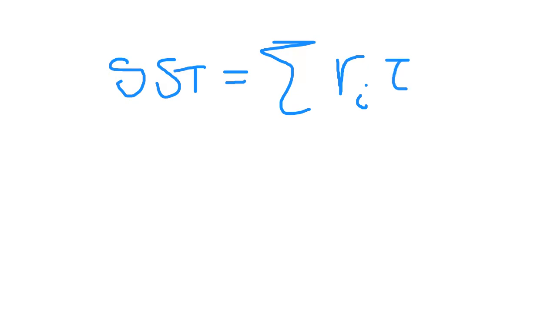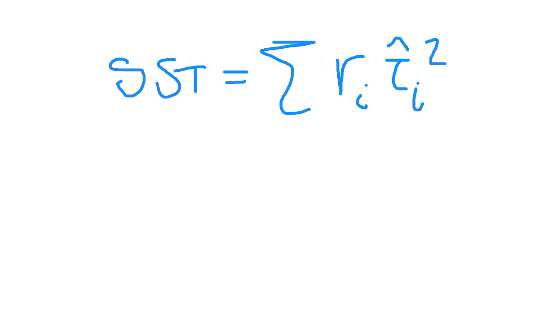SST is given by this formula, another formula that we can use, guys: summation of Ri, in case there's a possibility that you can have different replications, multiplied by tau i hat squared.